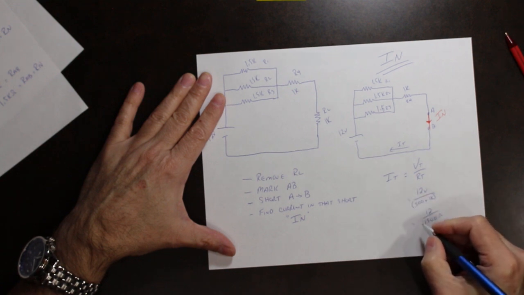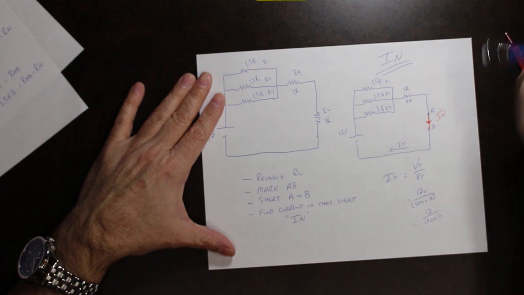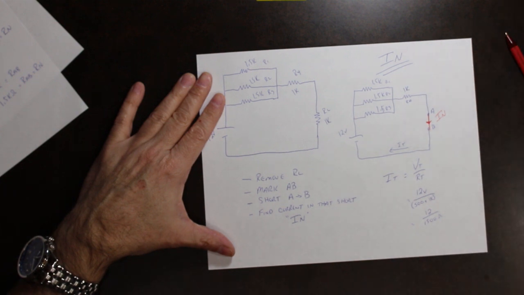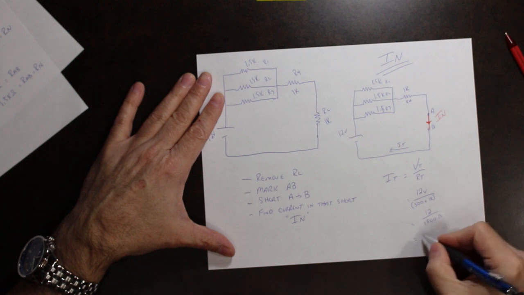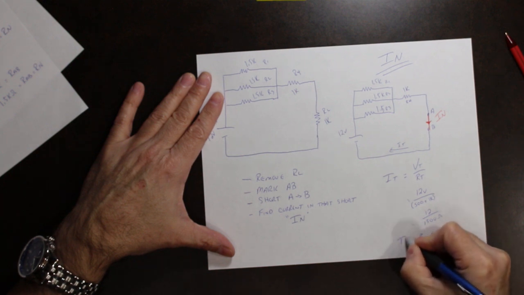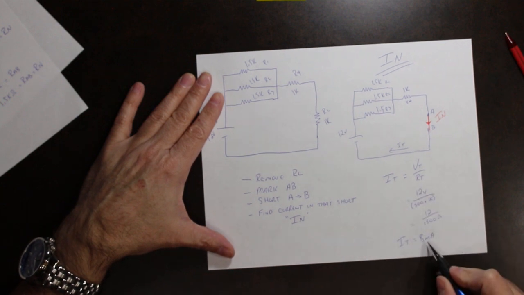And I total in this particular case is going to be 12 divided by 1500. So that becomes 8 milliamps. So I total in this circuit is 8 milliamps.